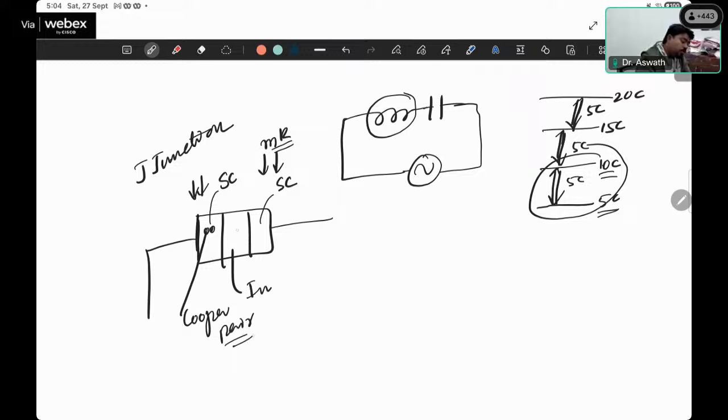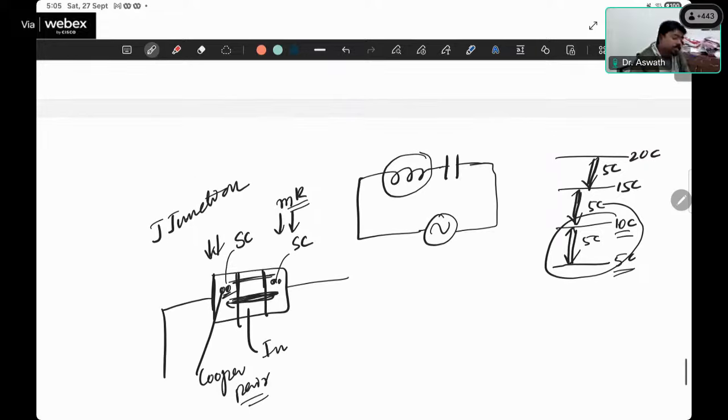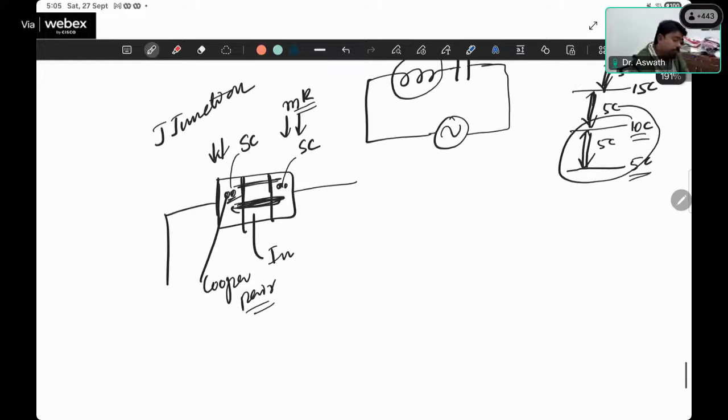These Cooper pairs would not keep quiet. They even punch through the insulator into the other part and then go back and forth, doing oscillations. Basically, their motion in one superconductor induces an effect in the other superconductor part. They're doing oscillation. So it's a kind of an inductor effect.